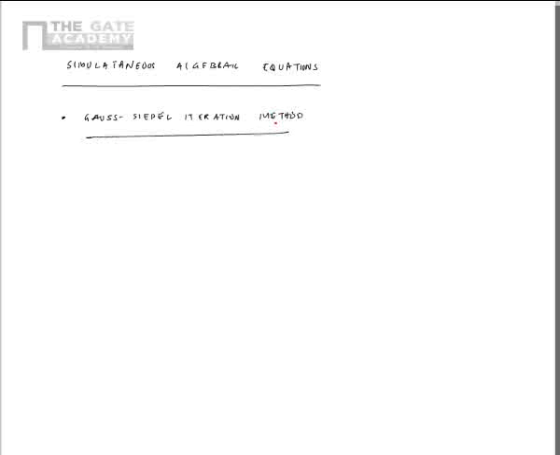For this, let us first consider Gauss elimination. You would have heard about Gauss elimination, which is a direct method. Given three equations and three unknowns, you can easily solve, so I'm not going through it. I'm just going through the iterative procedure of solving simultaneous linear equations.